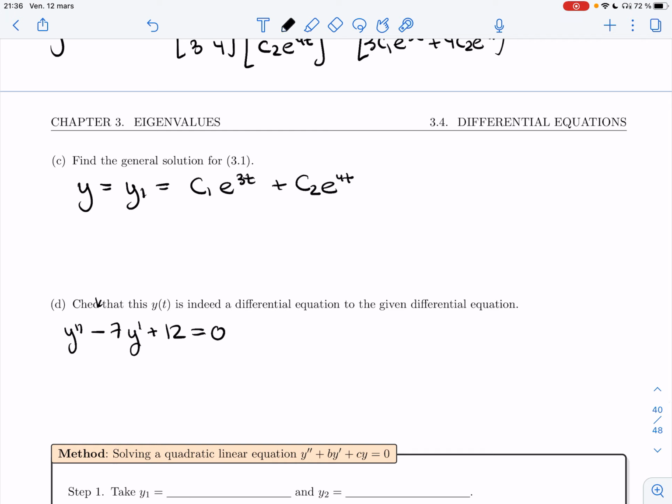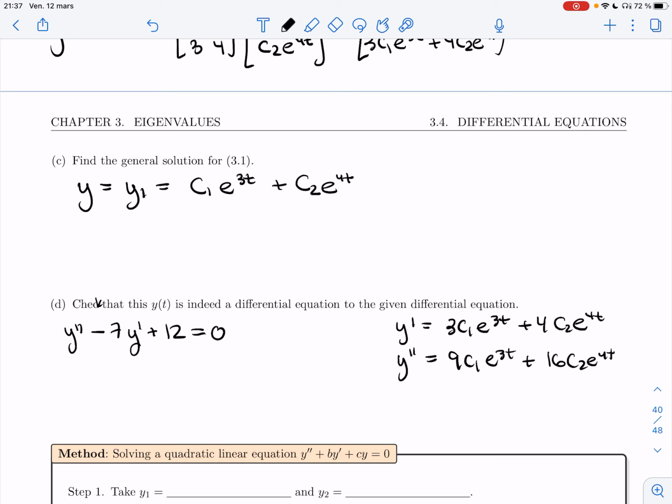All right, so y prime is 3c1 e to the 3t plus 4c2 e to the 4t, and y double prime is 9c1 e to the 3t plus 16c2 e to the 4t.